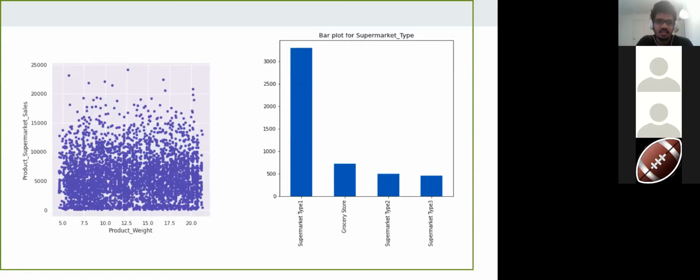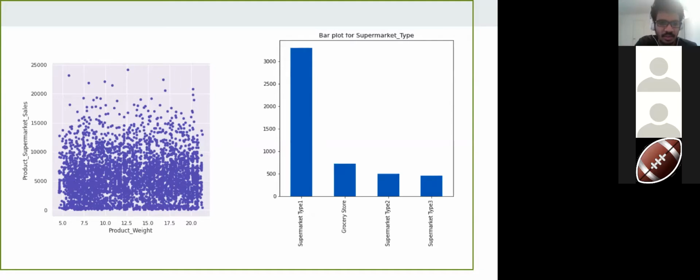As we can see here on the left side, we have the scatter plot. It really helps us understand how the input feature, which is the product weight, is affecting the target, which is the product supermarket sales, right? And it gives us a very important point.